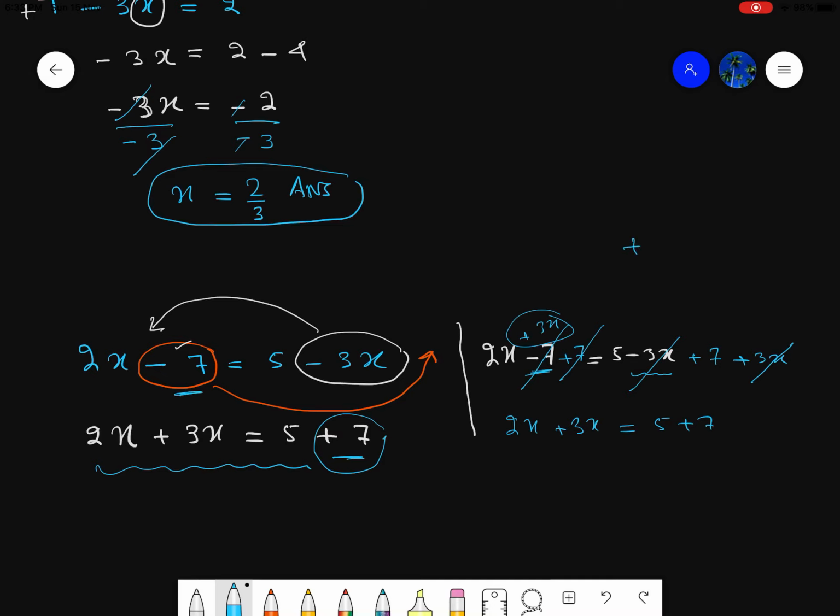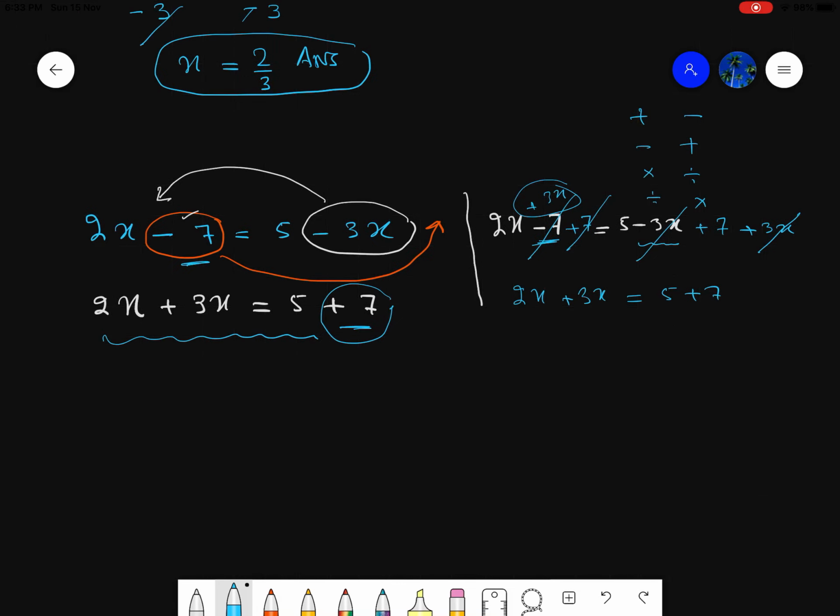So plus and minus to plus, multiplication to division, division to multiplication. So these are simple rules which are important to understand while solving a linear equation.